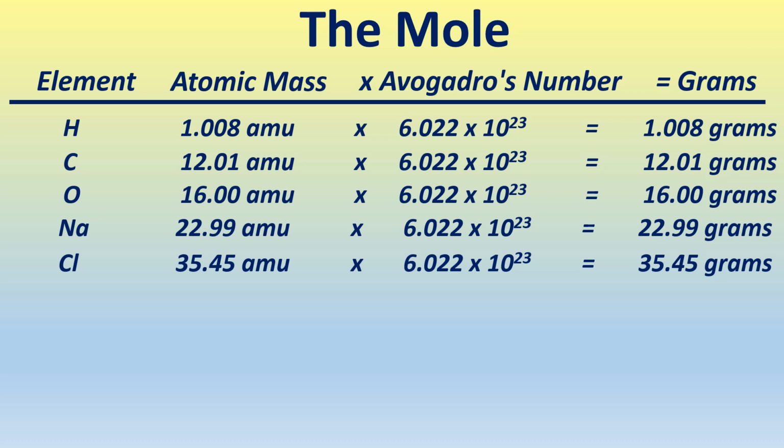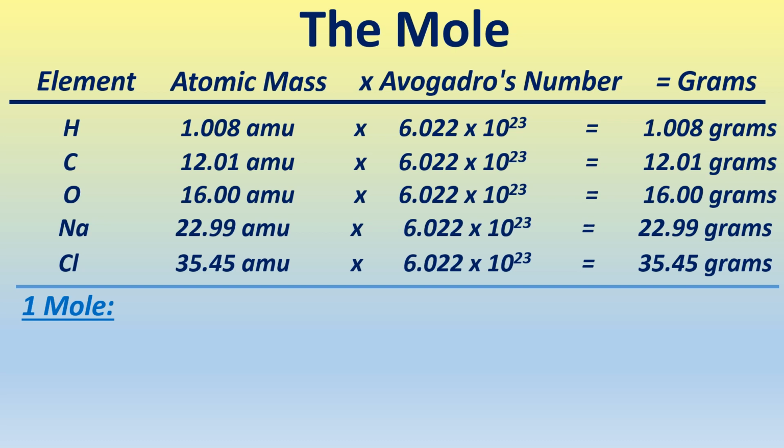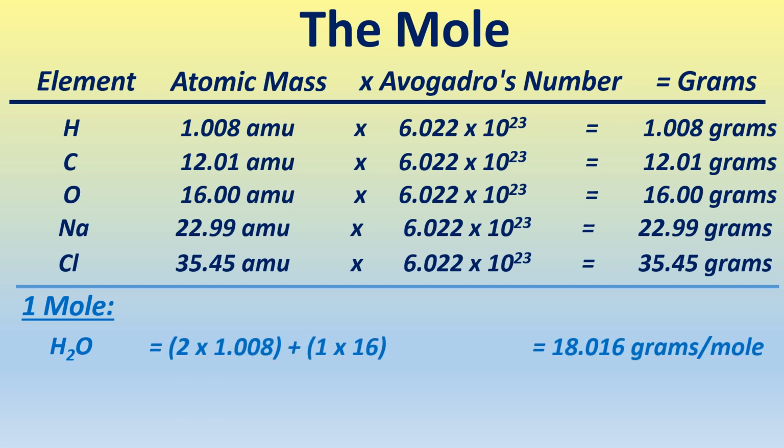This not only helps with the atoms themselves, it also helps with the compounds. So if I have 1 mole of water, water is composed of 2 hydrogens and 1 oxygen. In other words, 2 times 1.008 plus 1 times 16, water would weigh 18.016 grams per mole.